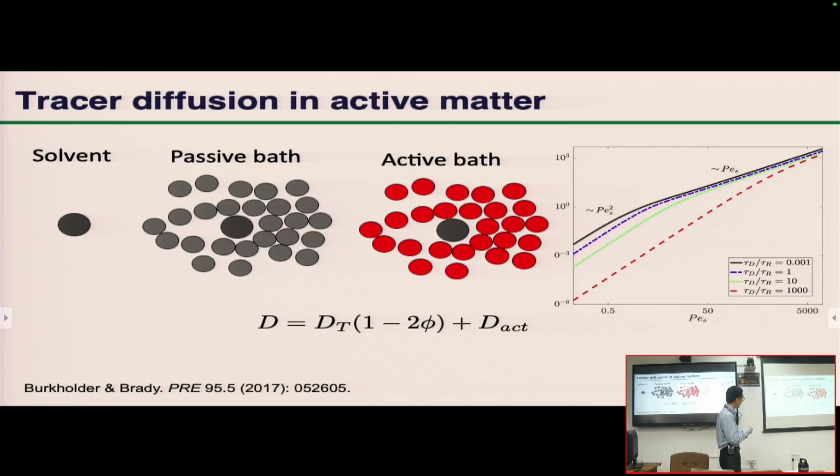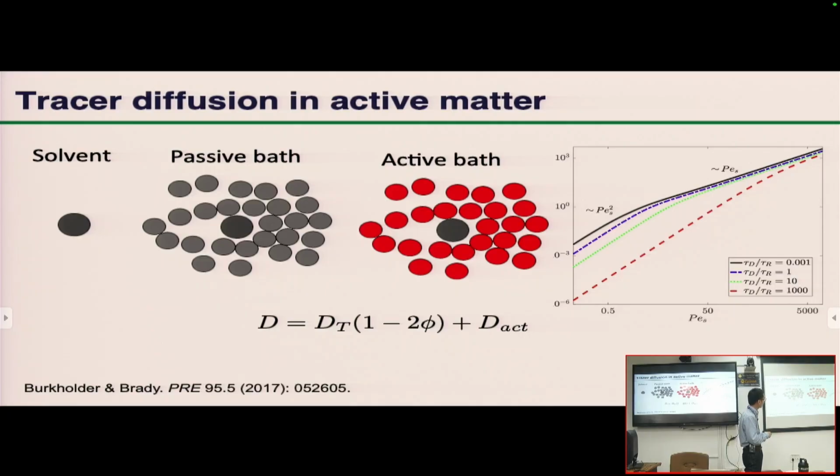So again, let's compare these three cases. One is a bead in just pure water. Then it's diffusive. Then the diffusivity you get at long times is just D_T, right? That's the first term here. What if you have a suspension of other particles, but those guys are passive? So then as a tracer, if you want to go somewhere, you have to push around these particles, which means you get steric hindrance from these guys.